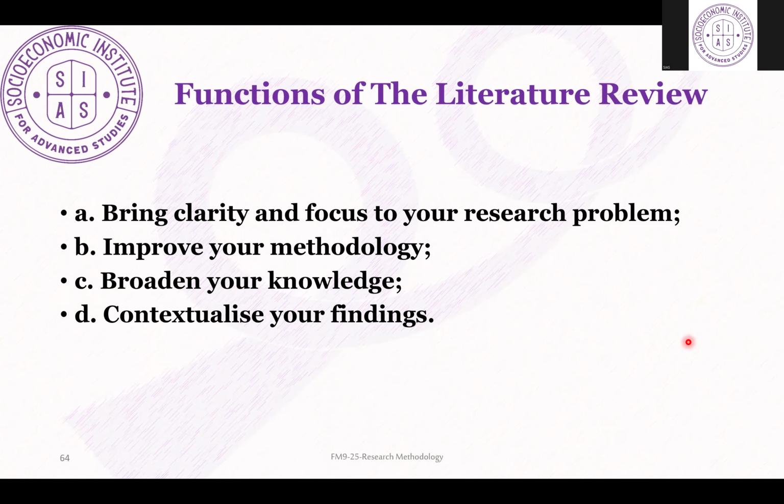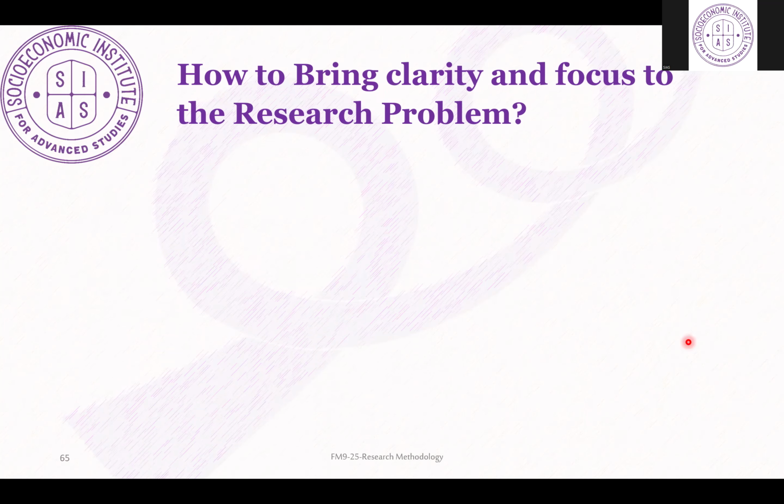So it means that we need to improve our findings over time. And this is what takes us to how we can bring clarity and focus to our research problem, because of the proper problem statement that we can bring from the literature review, or before based on our experience, and because of our specific objectives and sub-objectives.